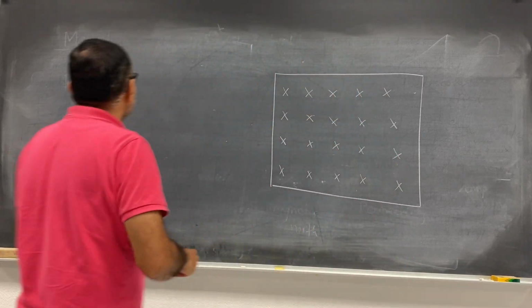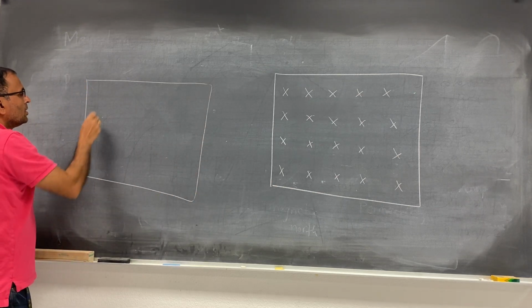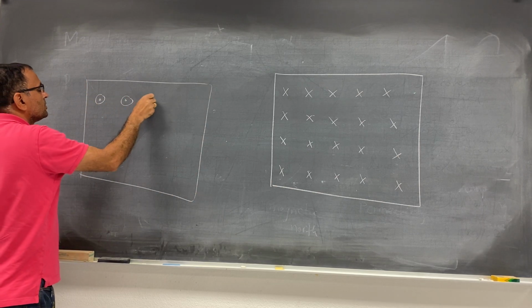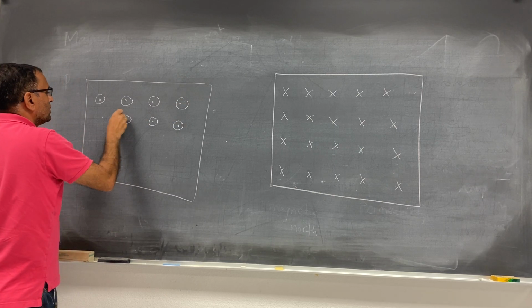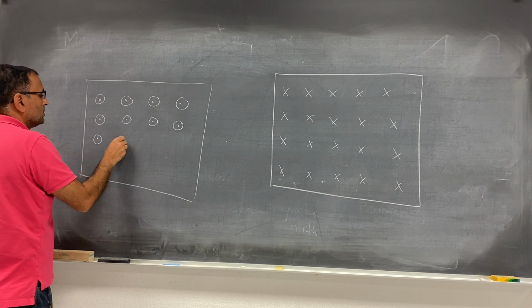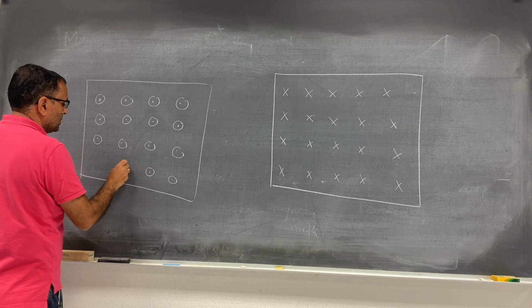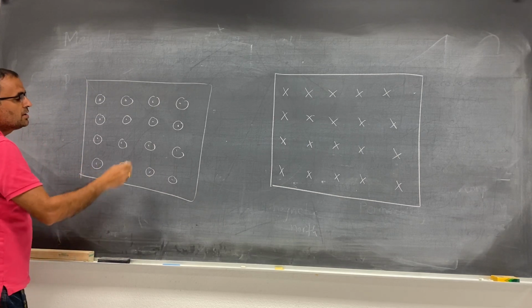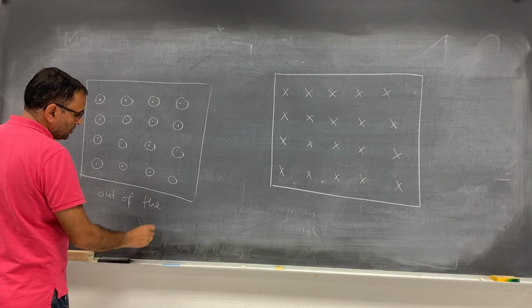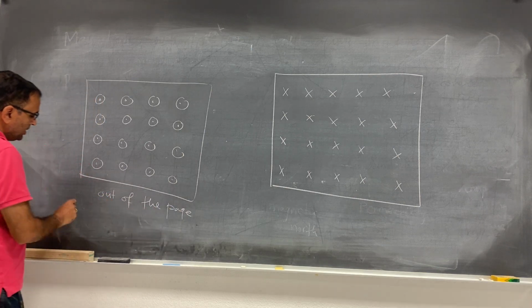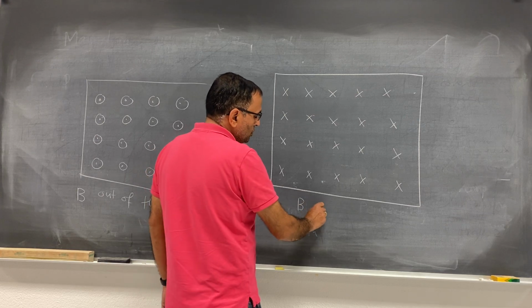If you draw a different way, like a dot mark like this, this is magnetic field B out of the page, and this is magnetic field B into the page.